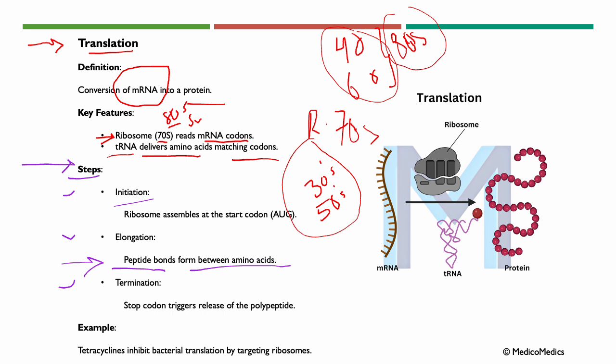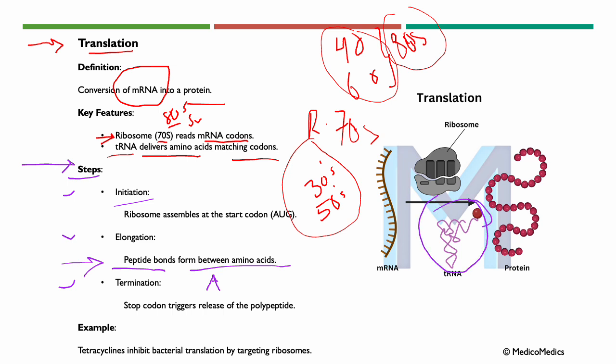The ribosome has 3 sites for transfer RNA binding. It has the A site, which stands for aminoacyl site. And we have the P site, which is the peptidyl site. And then we have the E site, the exit site. Essentially, in the A site, the new transfer RNA carries an amino acid and brings it in, as you can see in the illustration.